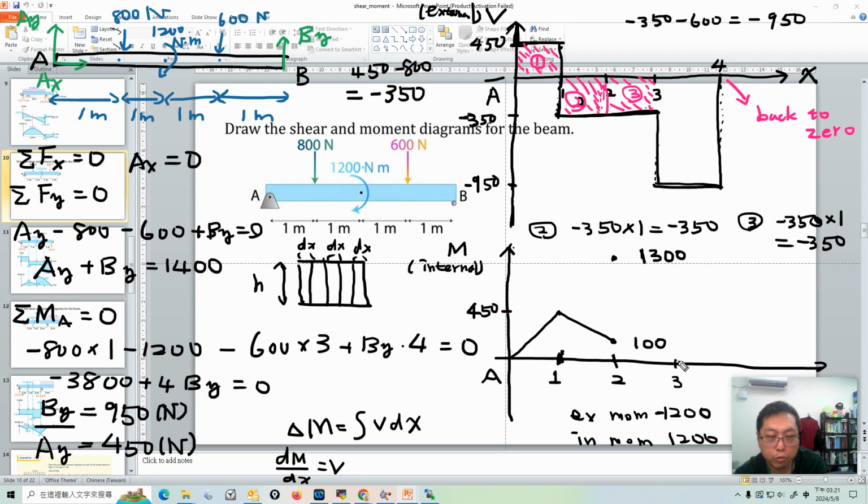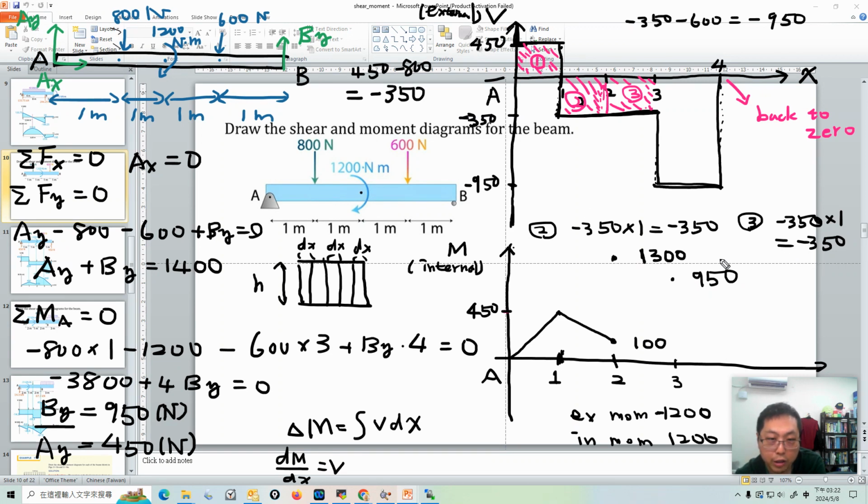So at position 3, we have a change of minus 350 from 1300. The value will be 950, because 1300 minus 350 equals 950.